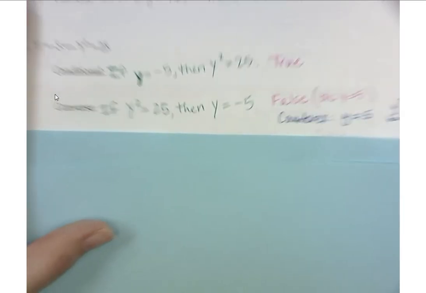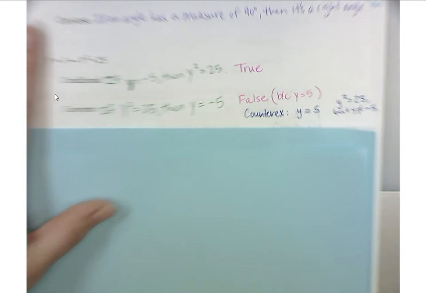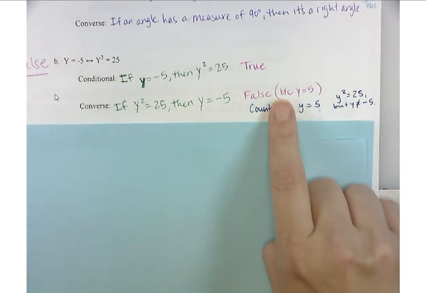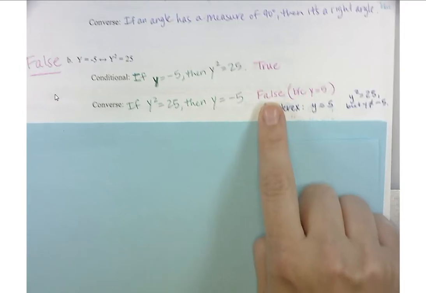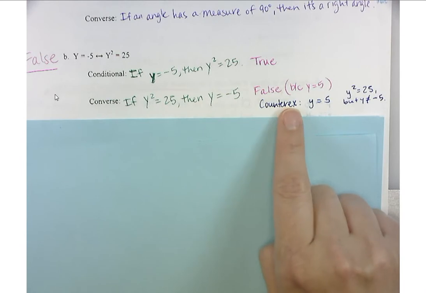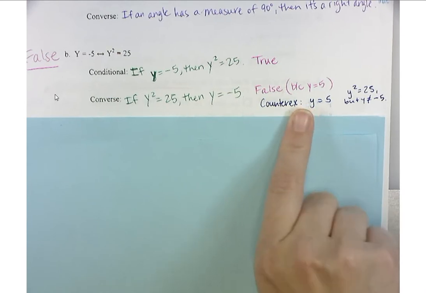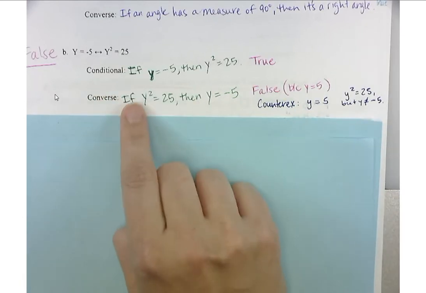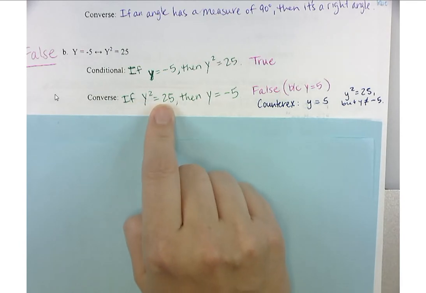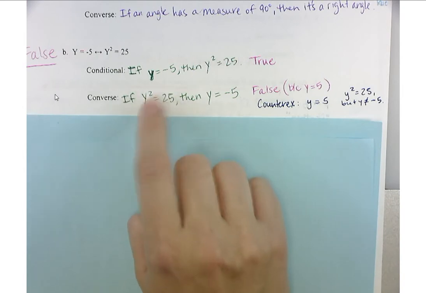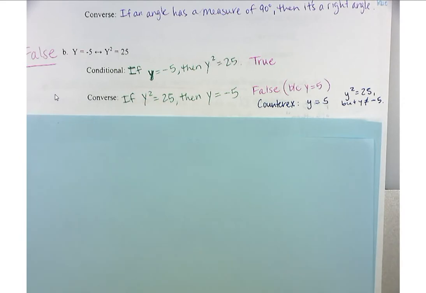Remember, if it's false, you have to give a counter example. So the converse is false. Your counter example would be y equals 5, because if you plug in 5, isn't 5 squared also 25? Yes. You are going to run into these situations when you have the square, so y squared, x squared.